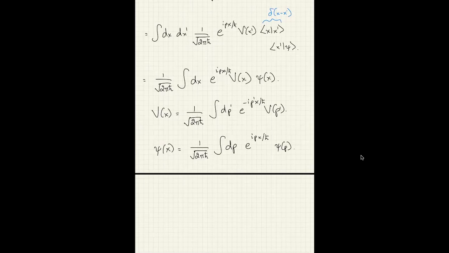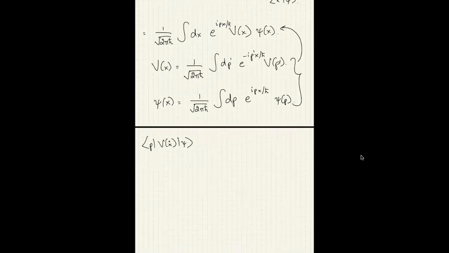So I'll substitute these Fourier transforms in this equation. What was my matrix element? <p|V of x|psi> now becomes, there are three factors of 2 pi h bar, so I will write 2 pi h bar to the 3/2. There is an integration over x, an integration over p, and an integration over p prime.